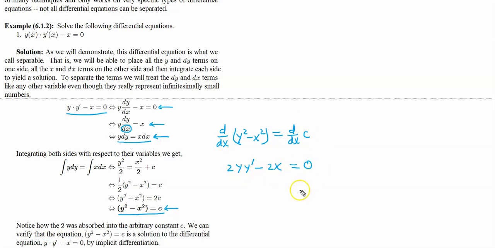We can divide both sides by 2, and we get y times y prime minus x equals 0. So that verifies that this equation, for any arbitrary constant we put there, does in fact solve this differential equation right here. That's what we just verified.